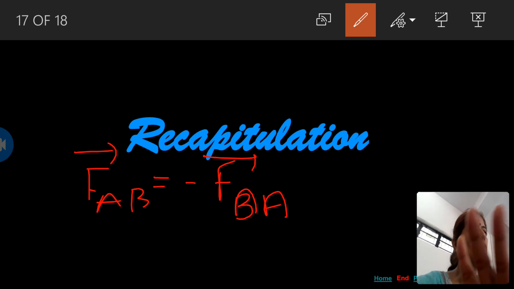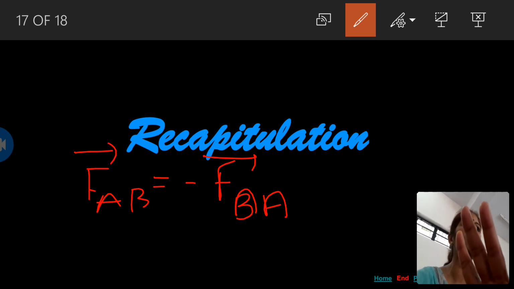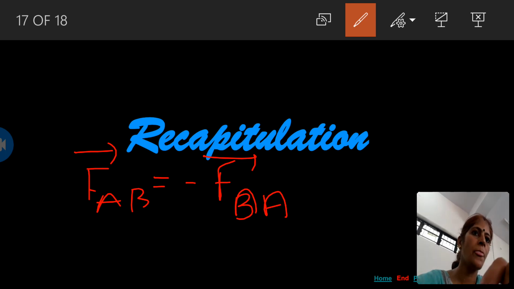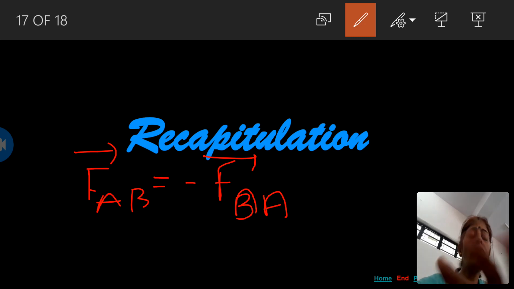Newton's third law of motion is applicable whether the body is at rest or in motion. And Newton's third law of motion is applicable irrespective of the type of force, nature of force, that is, whether it is gravitational force or it is magnetic force.